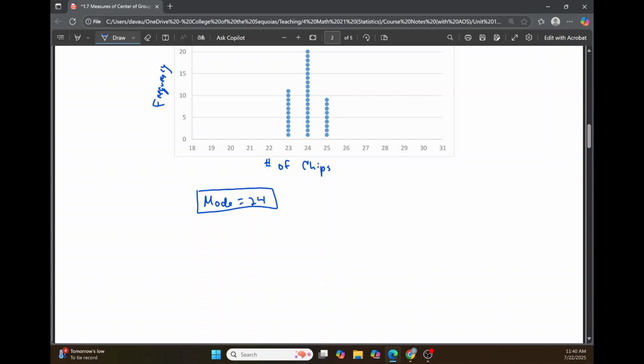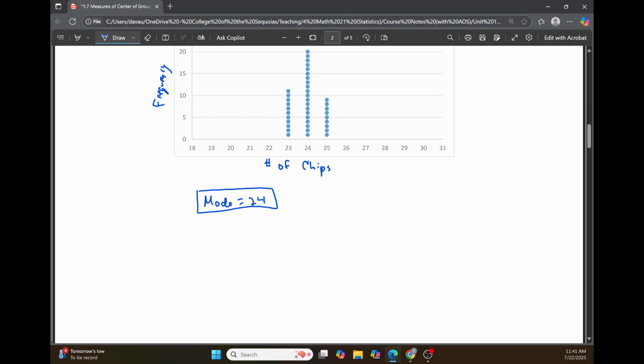Now, as far as the mean and the median are concerned, this time we do have numbers, right? So in this case, we can compute the mean and the median of this data set. And probably the easiest way for us to get our heads around how we can do that would be to just start to list out what the original data set would have looked like, right?